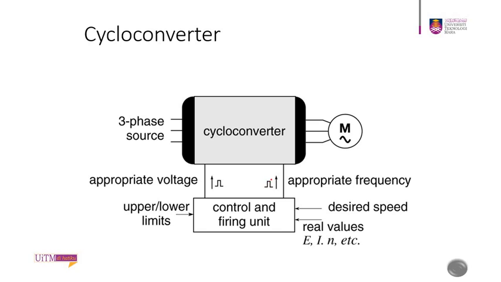Cycloconverters use controlled rectifiers, and you can control both the appropriate voltage and the appropriate frequency through the firing unit, if you put in the desired speed, the desired values, and of course put on the limits.